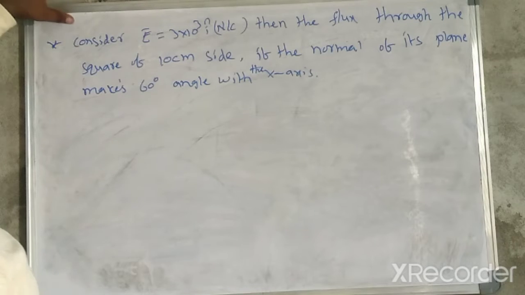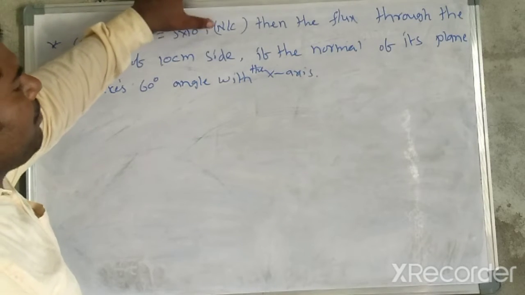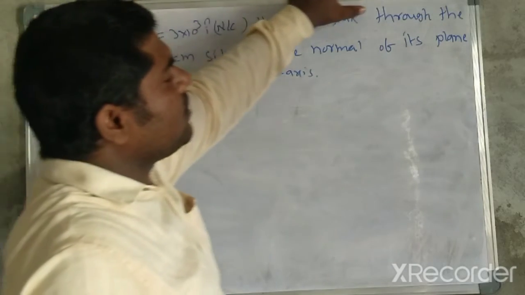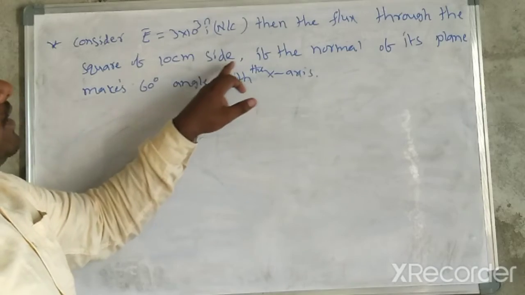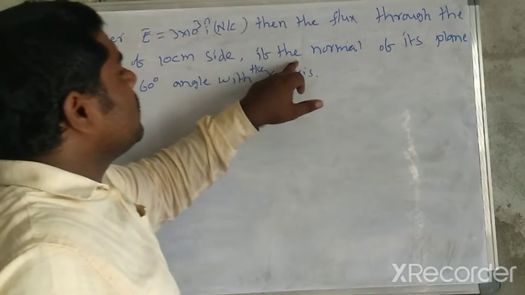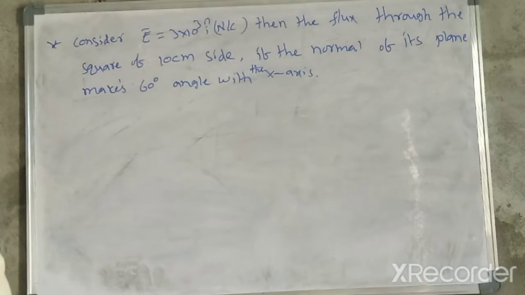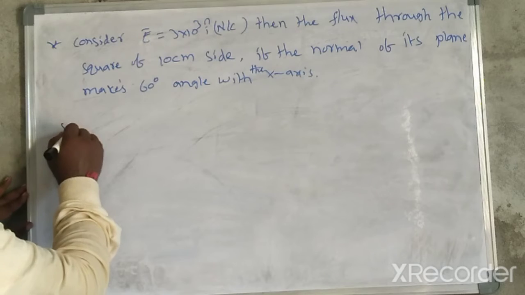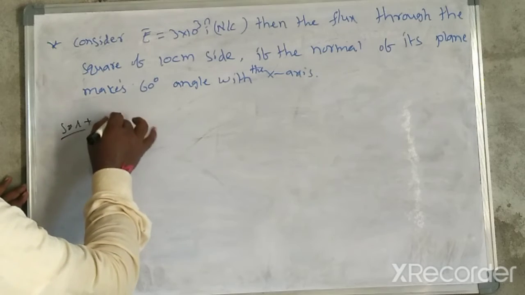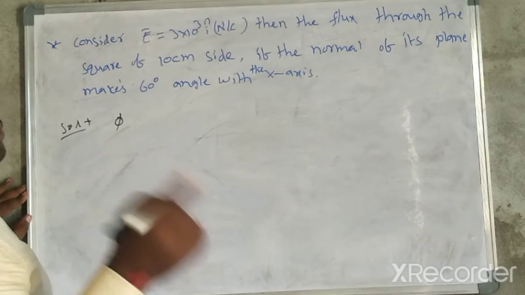Another model. Consider the electric field equal to 3 into 10 to the power of 3 i cap newton per coulomb. Find the flux through the surface of 10 centimeter side, if the normal of its plane makes an angle of 60 degrees with the x-axis. Flux coming out is always positive.